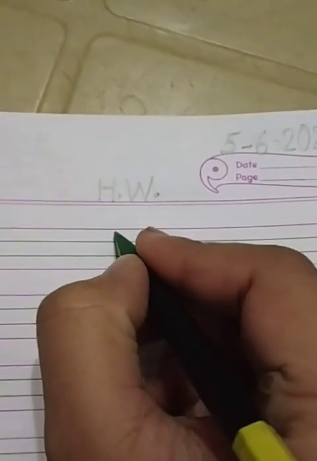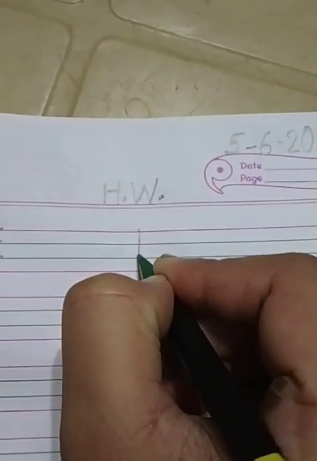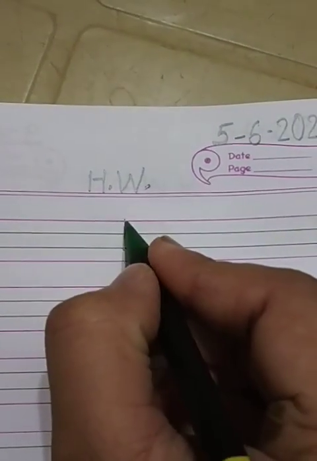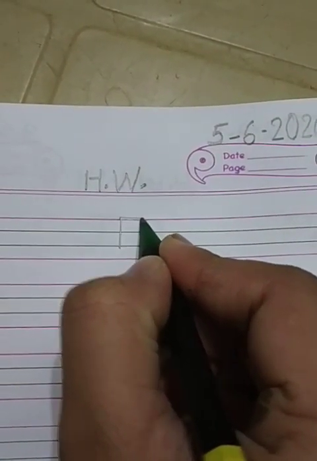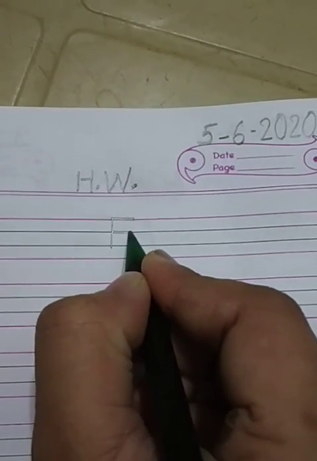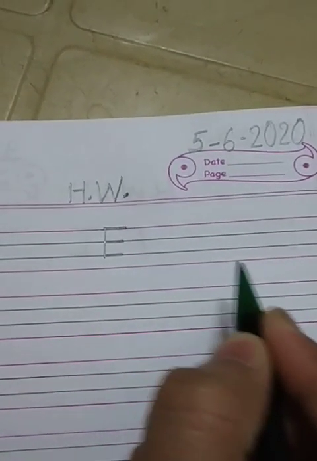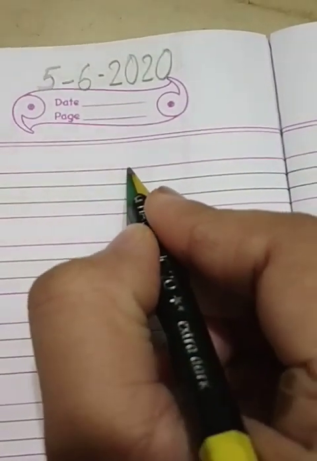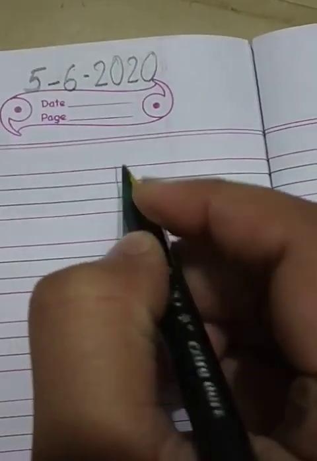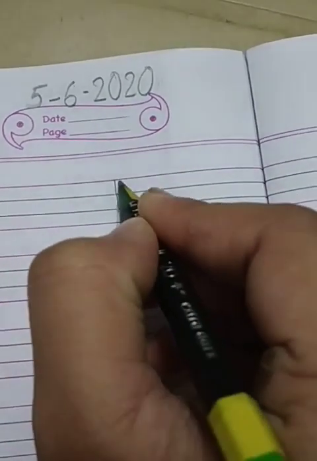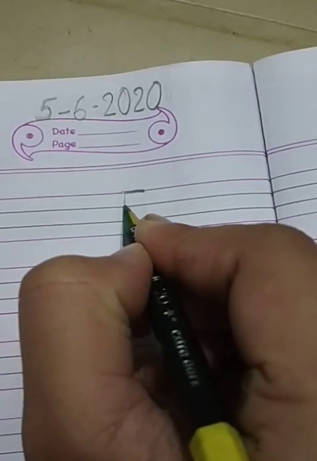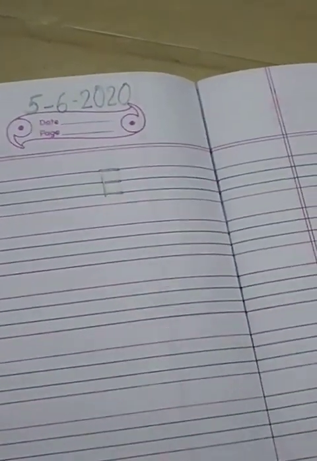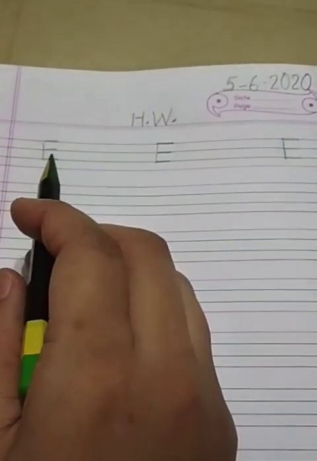Again, first of all is the standing line, then the first sleeping line, the second sleeping line on the second line, and the third sleeping line on the third line. This is letter E. Now the third one, first of all a standing line, okay, then 3 sleeping lines, 1, 2, 3, and this is letter E. You can see I have written it 3 times.